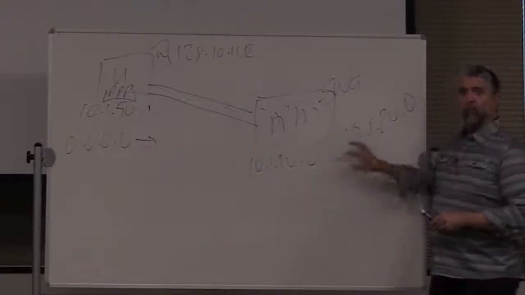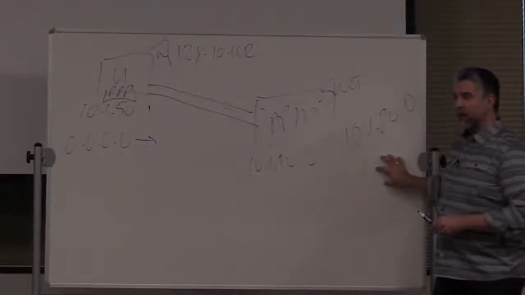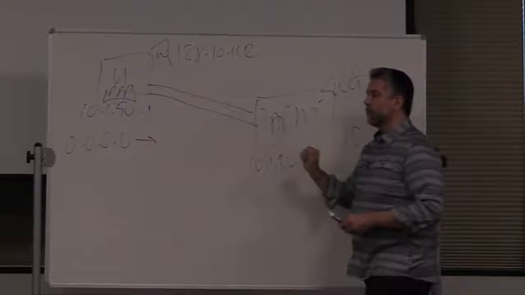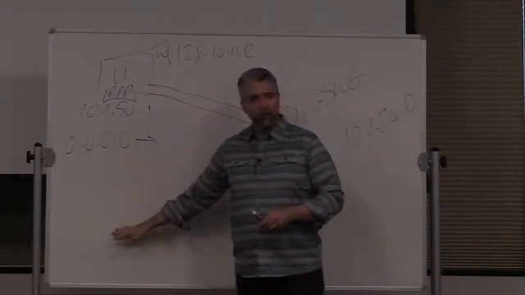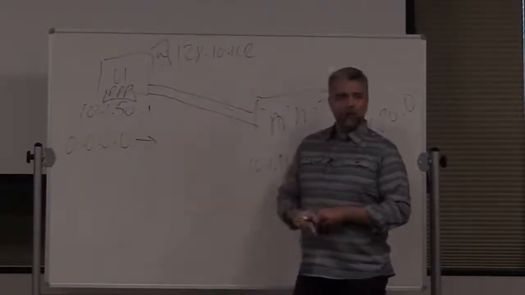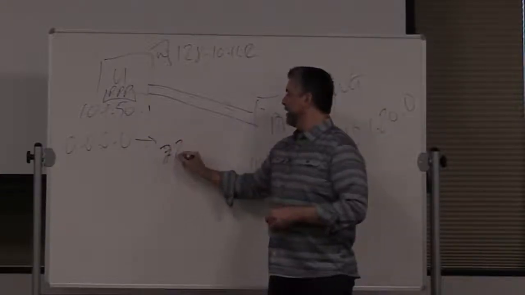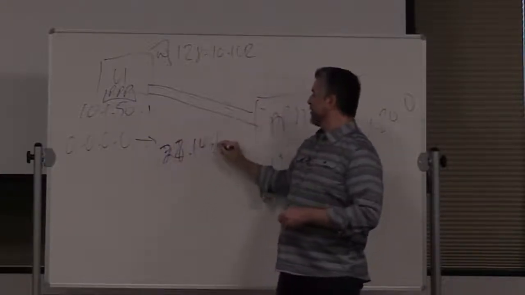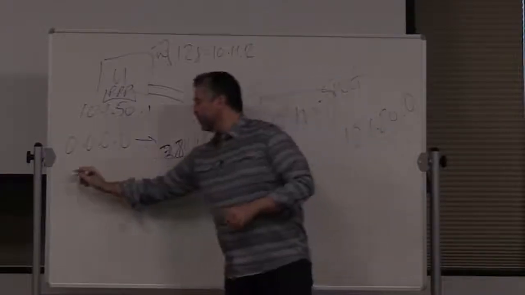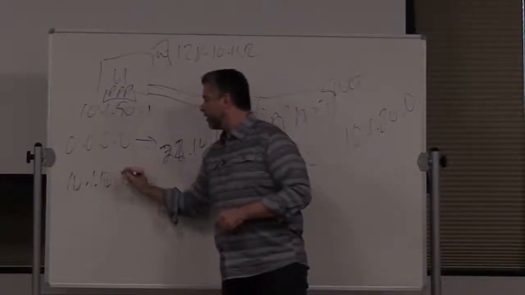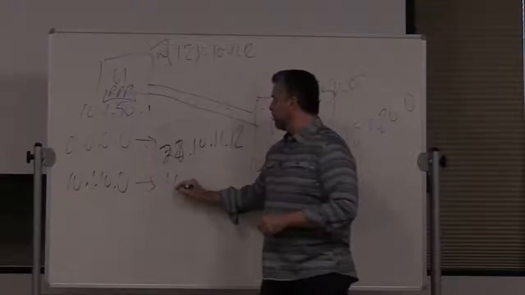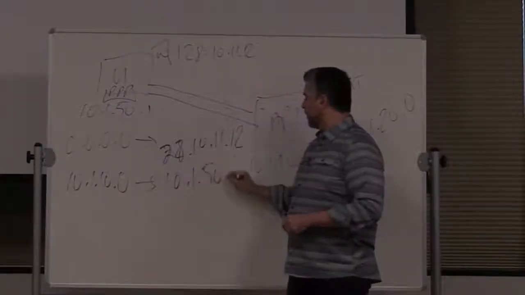With split tunneling, I'm going to define these networks as part of the resource. So now what will happen is when we make our connection, we'll still have our entry for the 0.0.0.0, which will now point to 128.10.11.12, and then I'll have an entry for 10.1.10.0 going to 10.1.50.1.